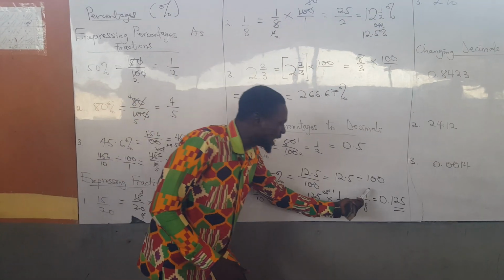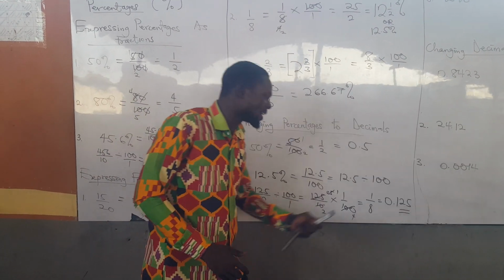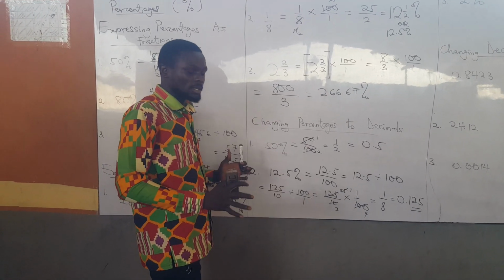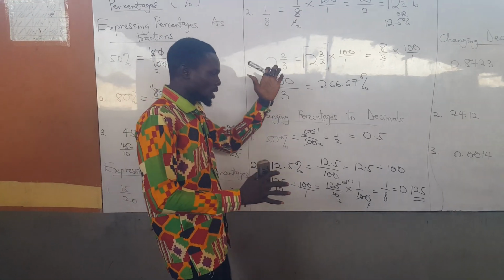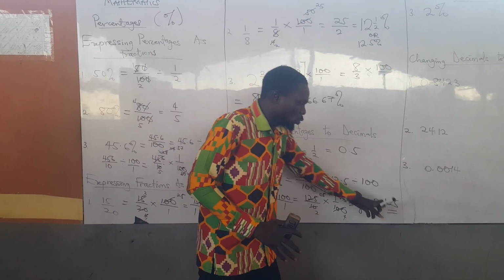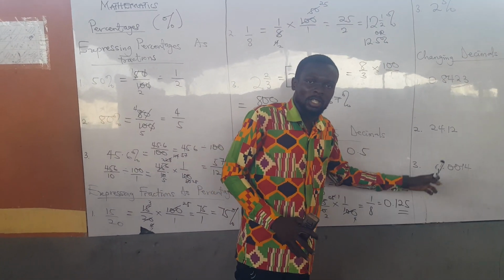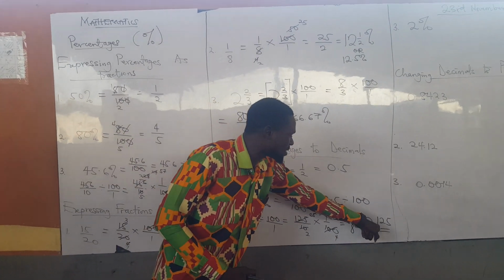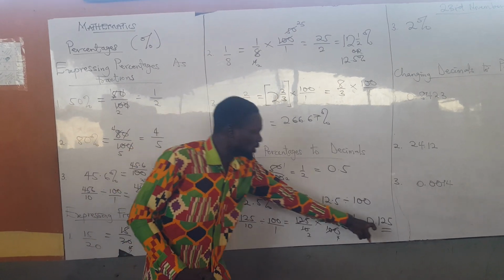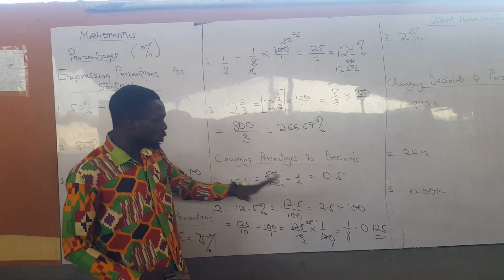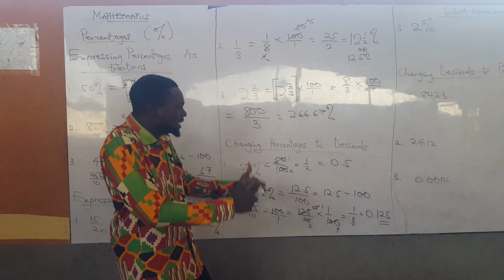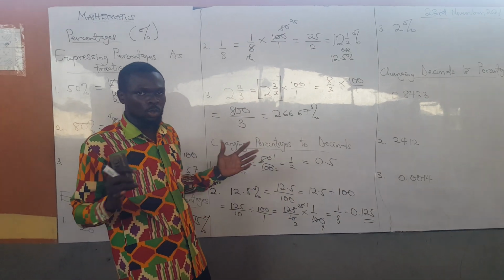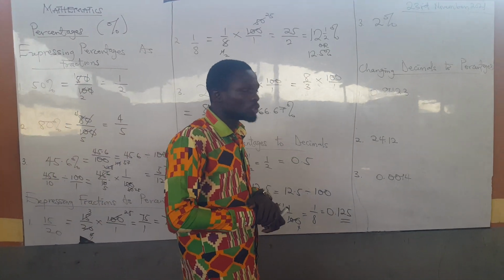If you work out the long division, you are going to get this as your final answer. 1 over 8 into decimal will give you 0.125. Because we've been able to change this percentage into decimal, then we are safe, because we have been asked to change the percentage into decimal. And if you do that, you are on the safe track.